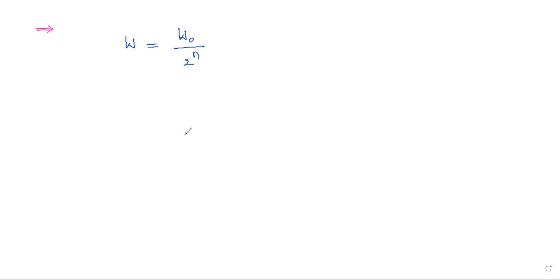It can be given as W is equal to W naught by 2 power n, where this W is the amount left, W naught is the initial amount, n is the number of half-lives.